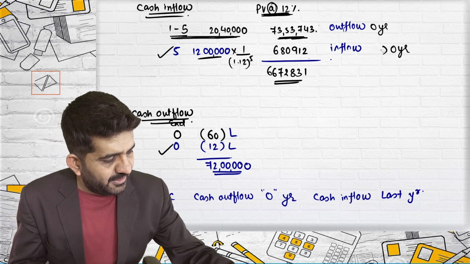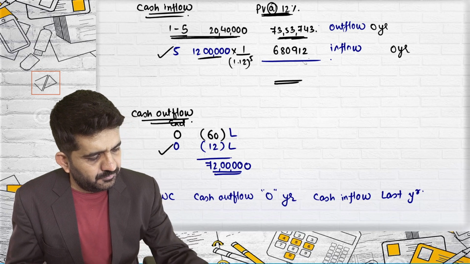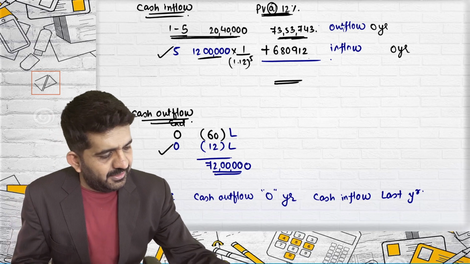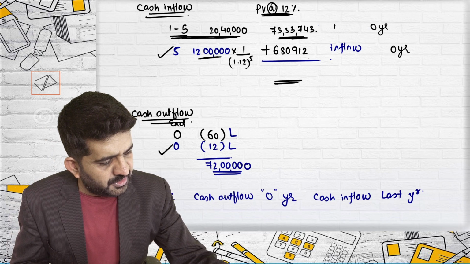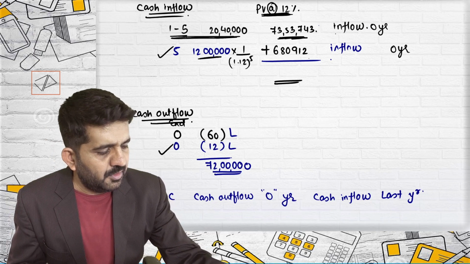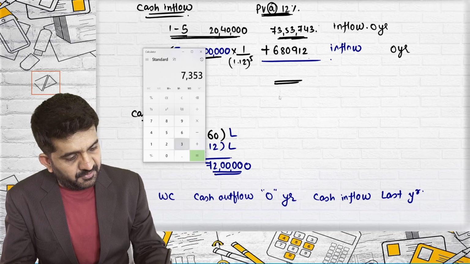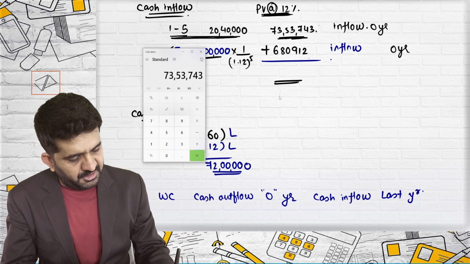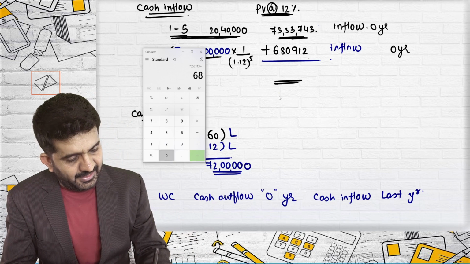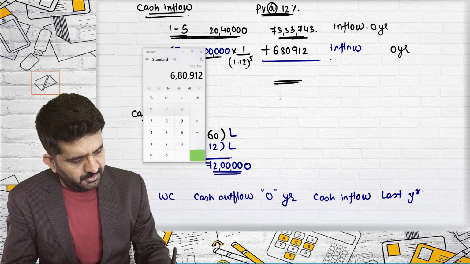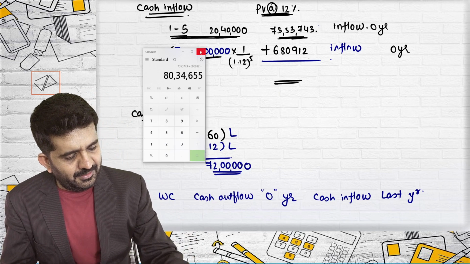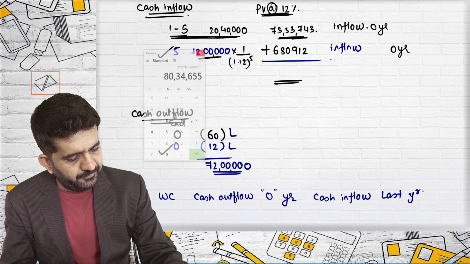So I should add it, not subtract it. It will be added. This is not outflow. This is inflow. So inflow plus inflow is 73,53,743 plus 6,80,912, which is 80,34,655.